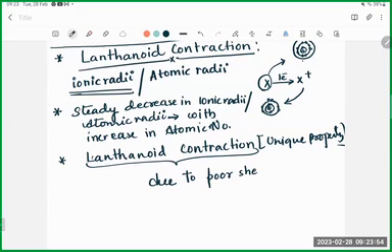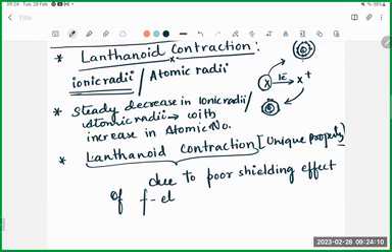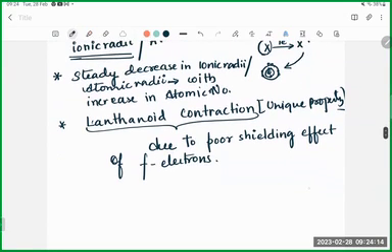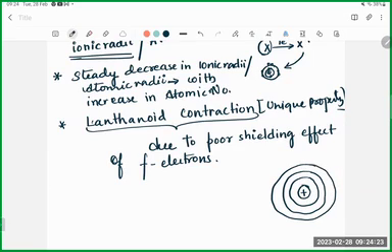Did you understand the meaning of shielding? Let me explain this shielding effect. Shield means, we are protected by our parents. So that is our shield. So we see this is an atom, correct? Nucleus, and the electrons orbit and revolve around it. What happens in this structure?